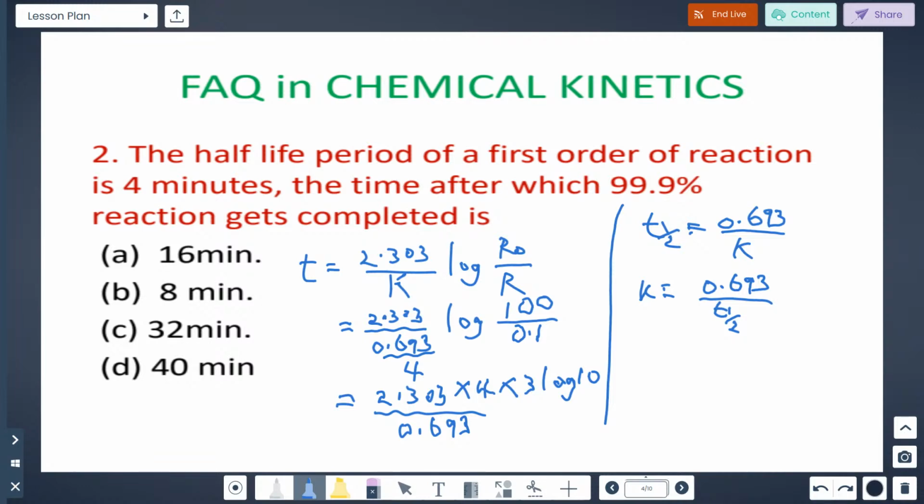Only 3 is remaining, so 3 into this one we get 6.93 into 4 divided by 0.693. Understood?